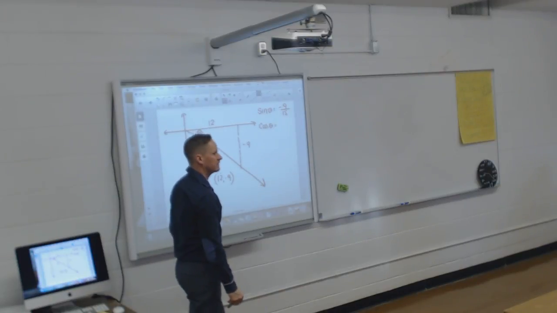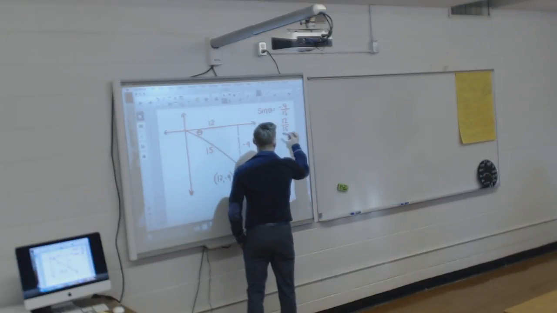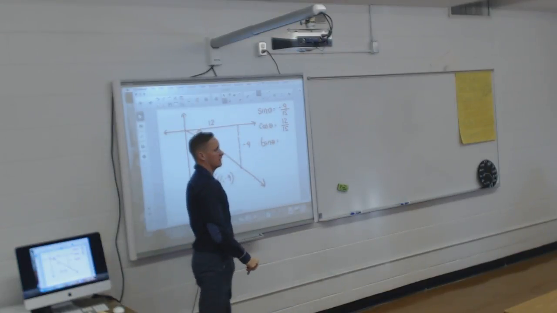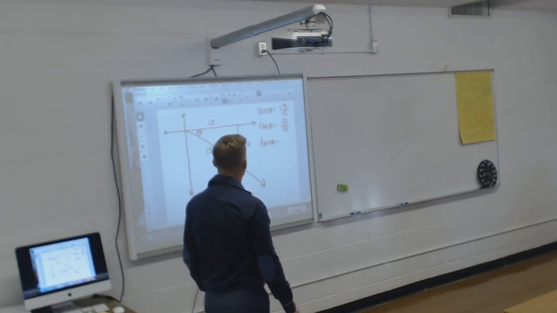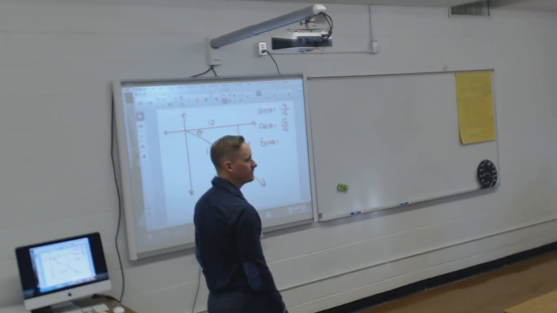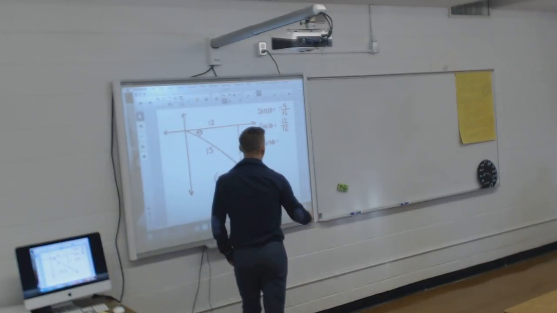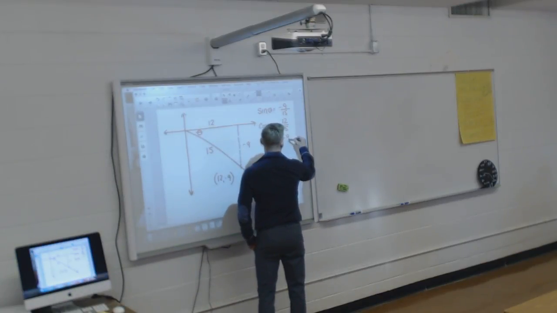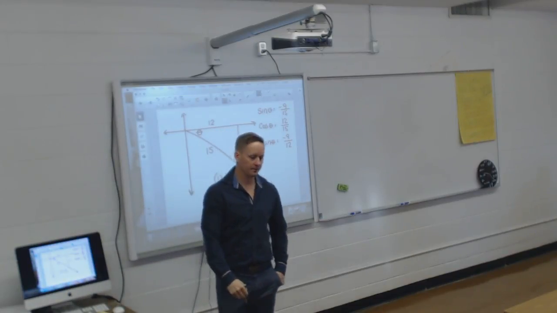Yeah, which is? 12 over 15. And for once, I'm not so worried about reducing fractions. What's the tan then? Negative 9 over 12. That's all there is to it.